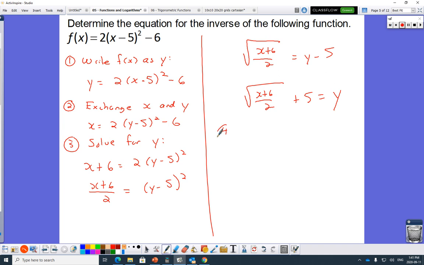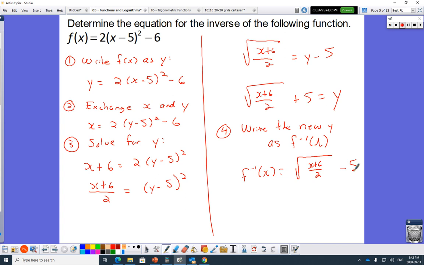Step 4, write the new y as inverse. F inverse, careful now, F inverse equals square root x plus 6 over 2 minus 5.